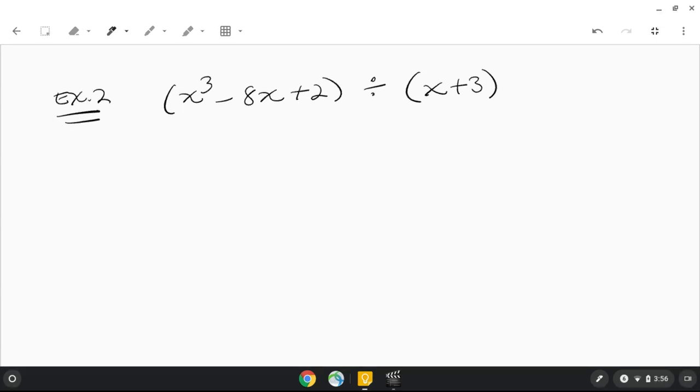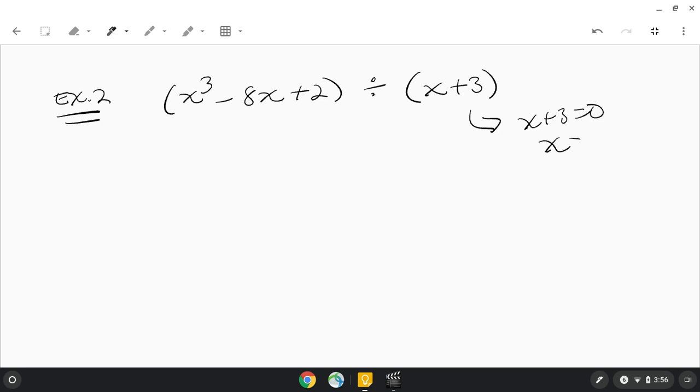Okay, so suppose that we are dividing x cubed minus 8x plus 2 divided by x plus 3. So again, right here, x plus 3 equals 0, so x equals negative 3 is what we're using.